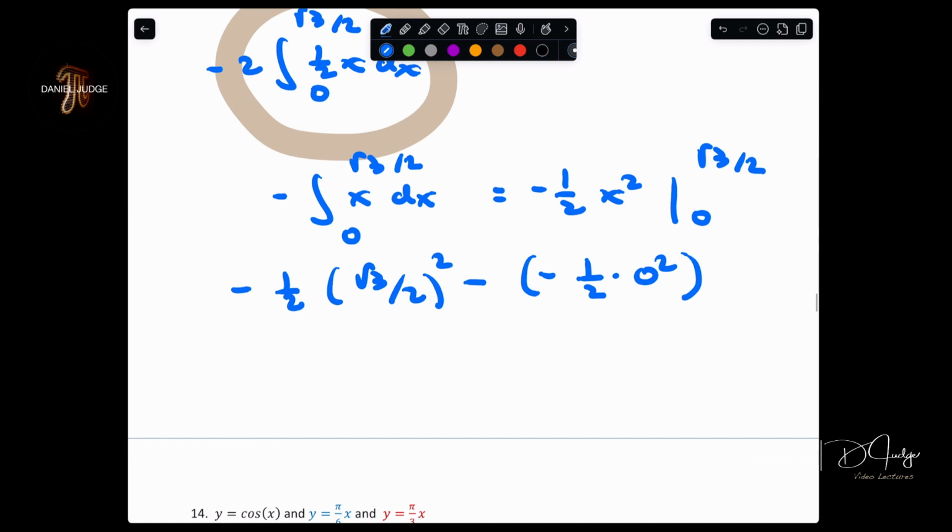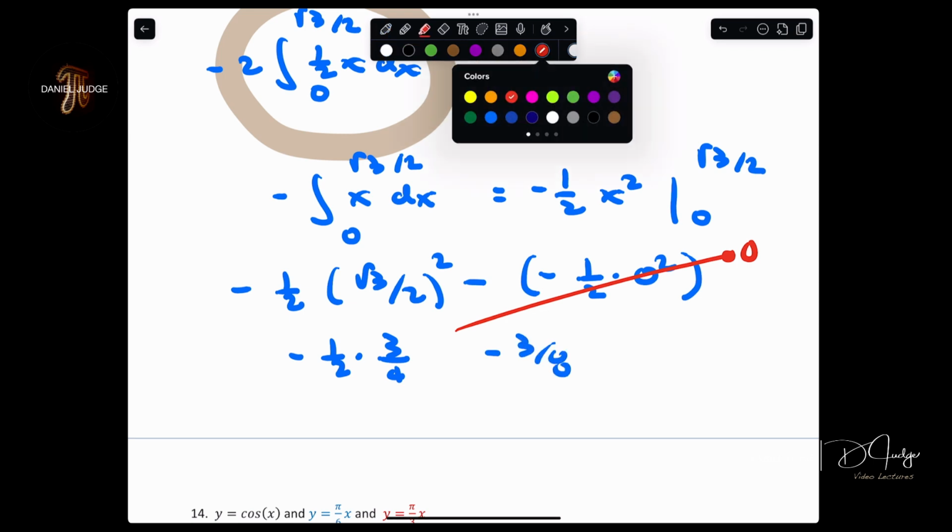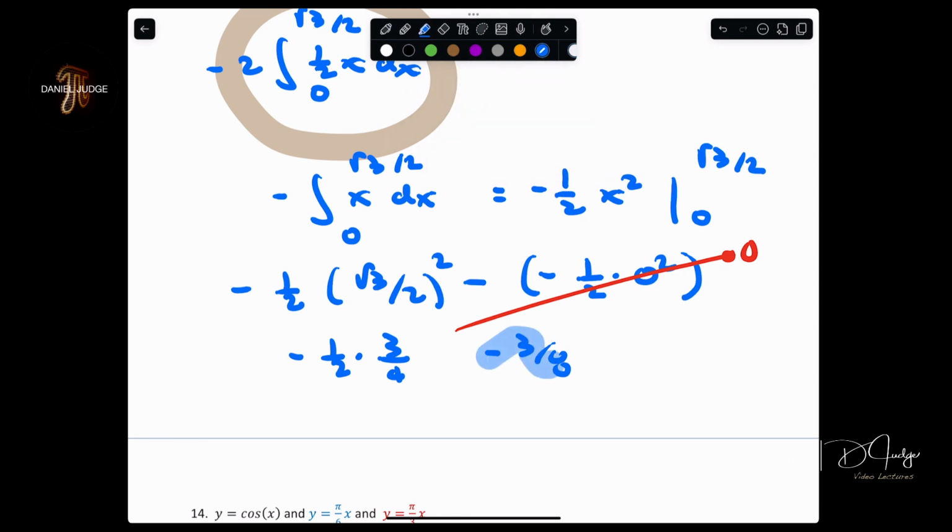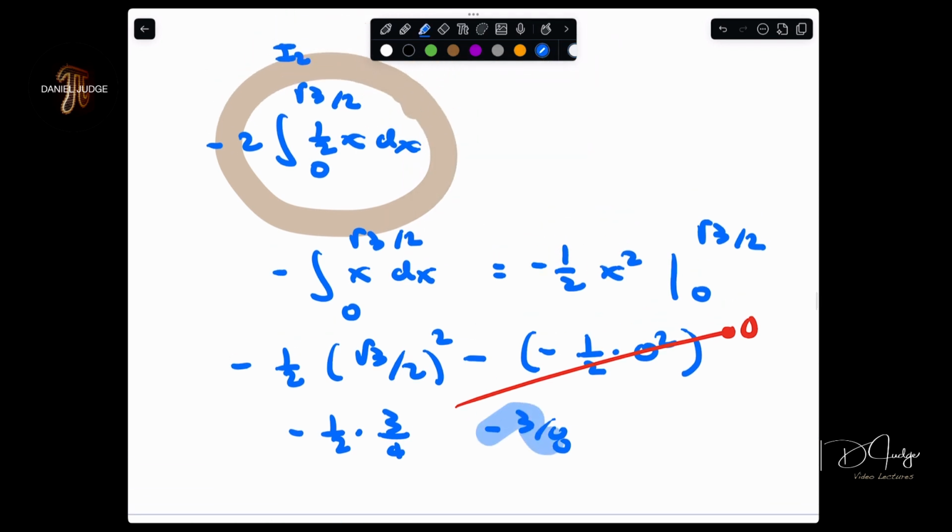This portion over here is going to be 0. Minus 1/2 times 3/4, so that's a negative 3/8 for the second integral, maybe. Let's double check our work. Negative 1/2, 3/4, negative 3/8.